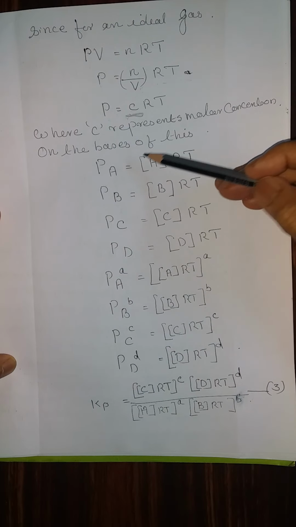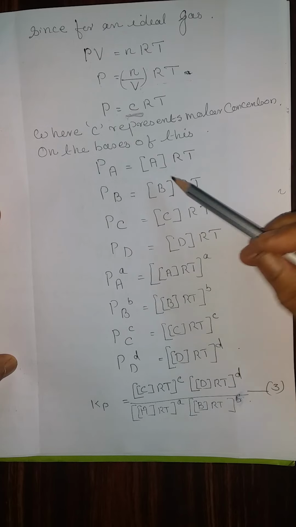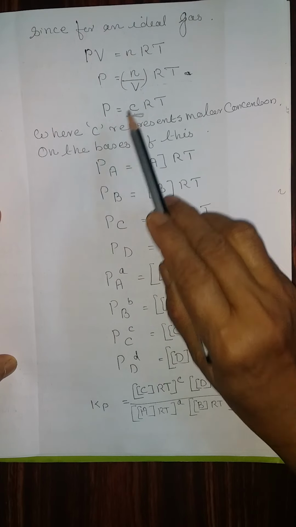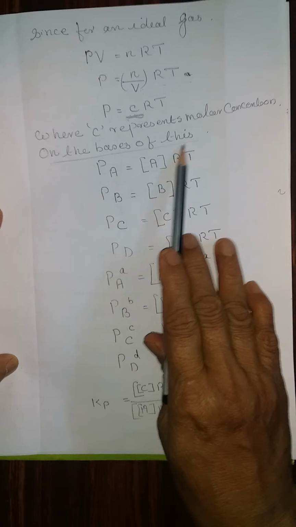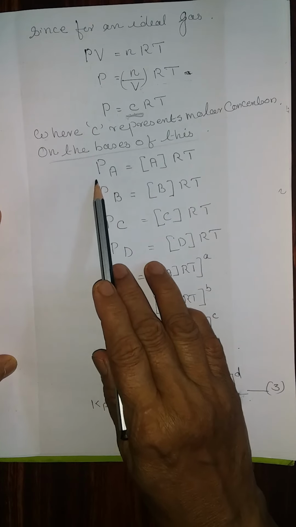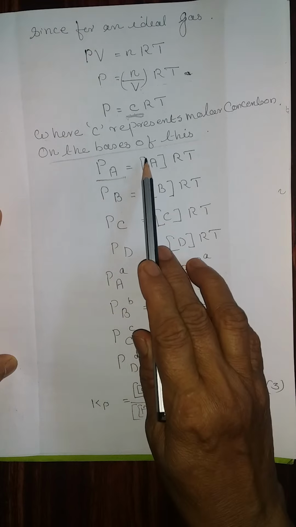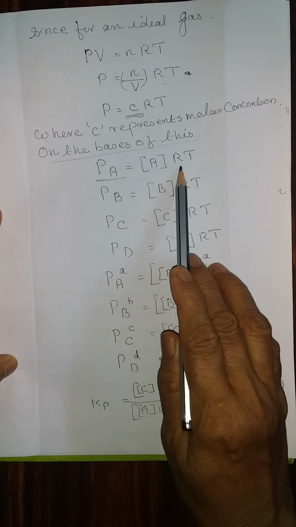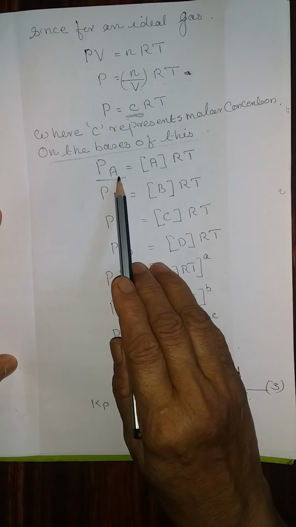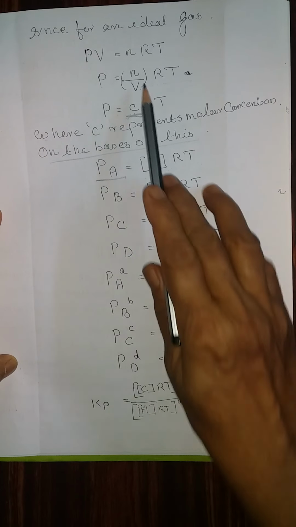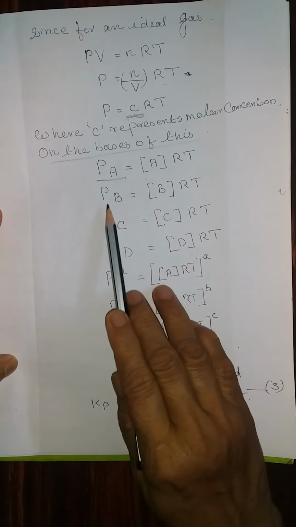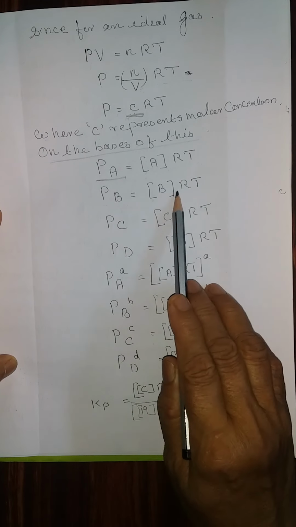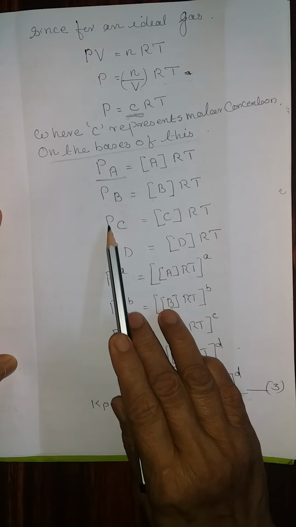Therefore, we are going to change all the reactants and the products based on the concentration, where C represents the molar concentration. On that basis, PA means concentration of A times RT, that means n by V. Instead of that, we are using concentration of A. PB means concentration of B times RT.